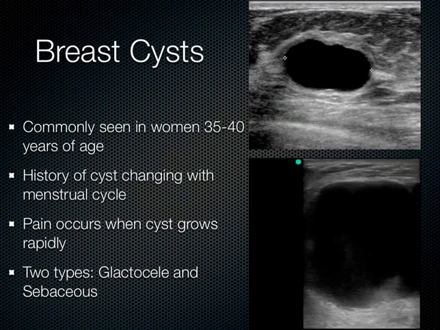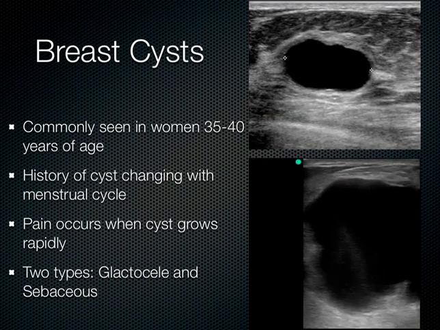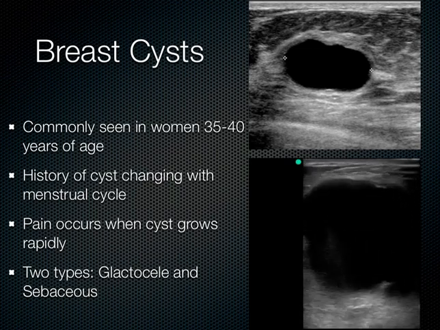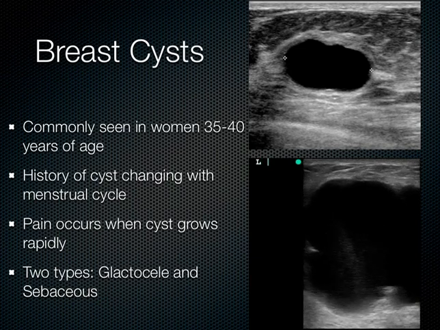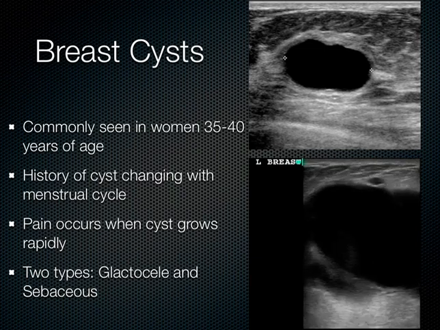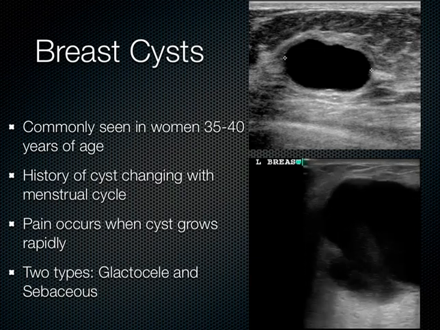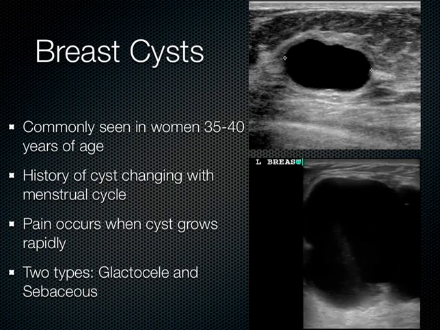Cysts are very common, usually in women 35 to 40 years of age, and the cyst usually changes with the menstrual cycle, and sometimes it can be painful if it grows rapidly in size. There are two types of cysts, sebaceous cysts and galactoceles.